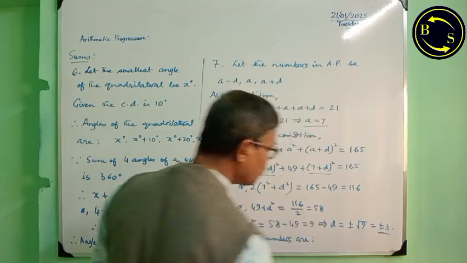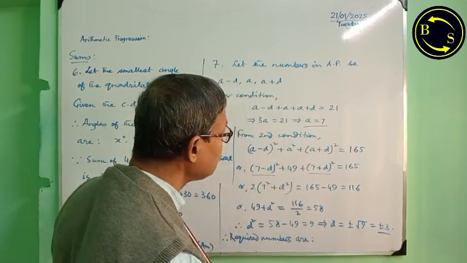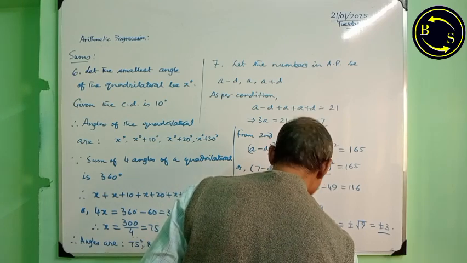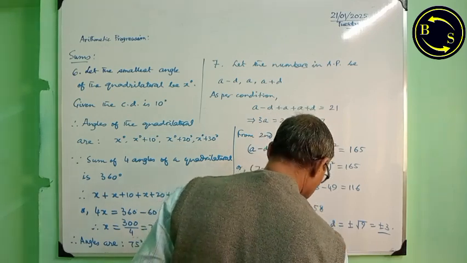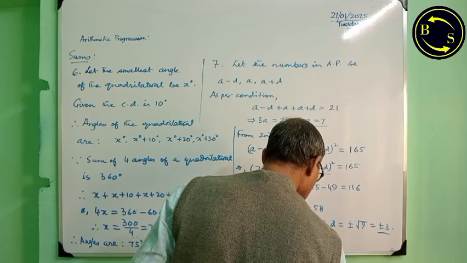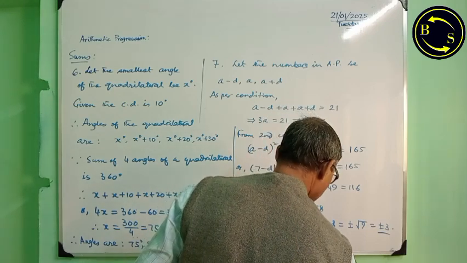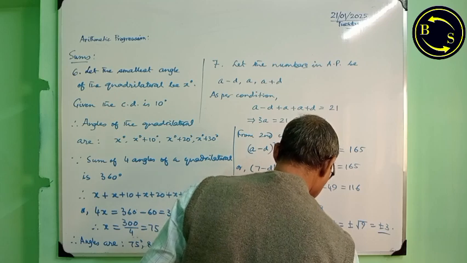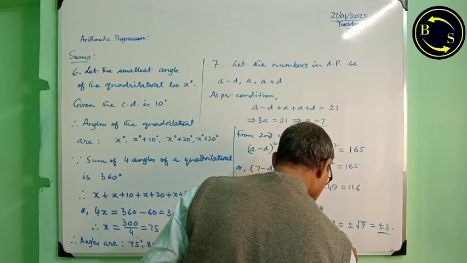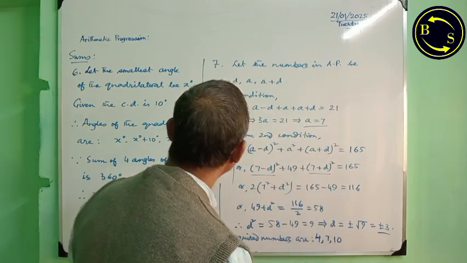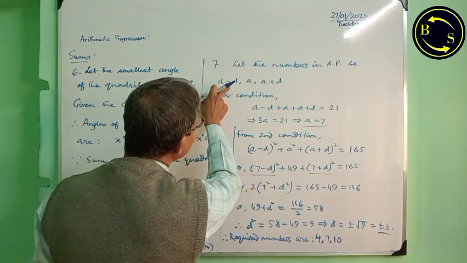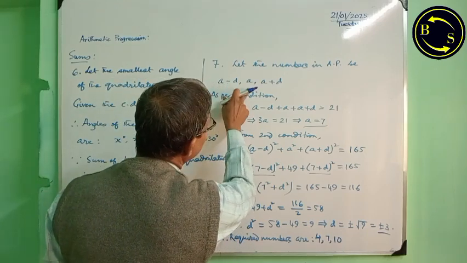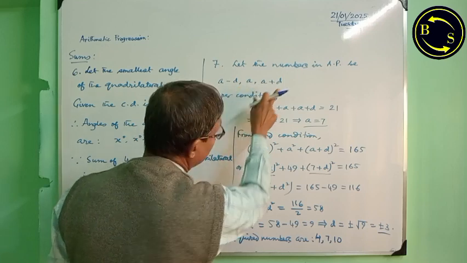taking first positive value of d, 7 minus 3, that is 4, then 7, then 10. A minus d, that means 7 minus 3 is 4, then 7 plus 3.